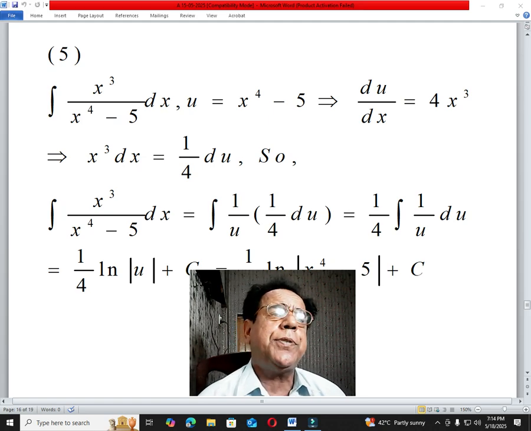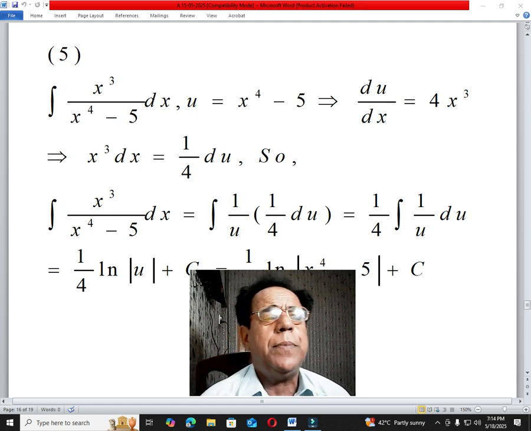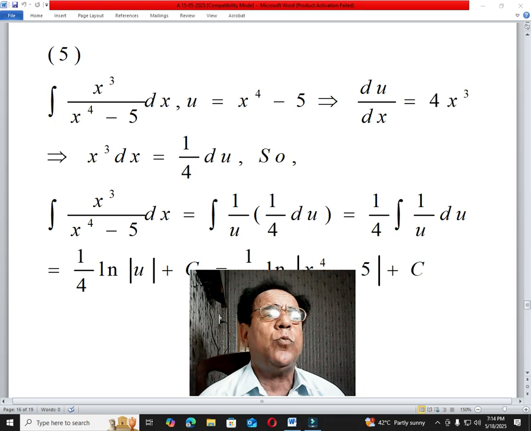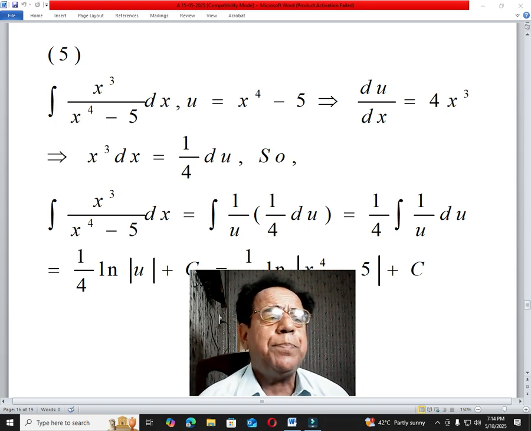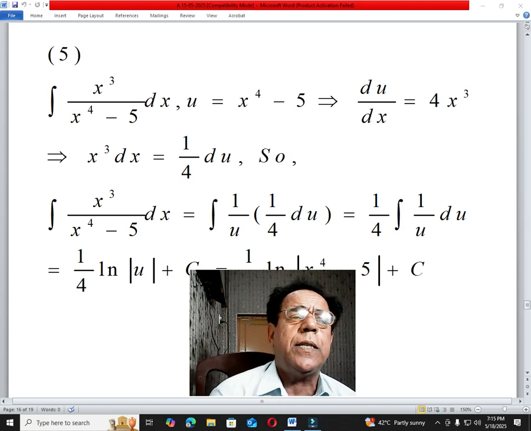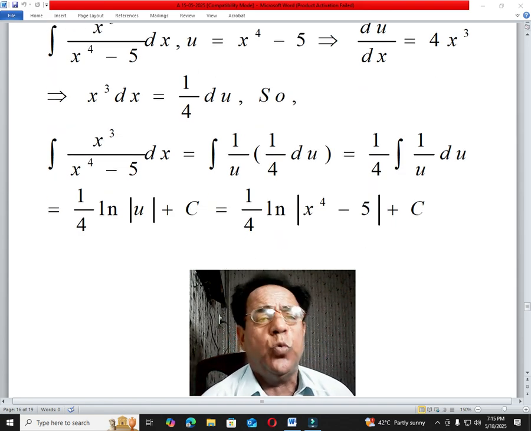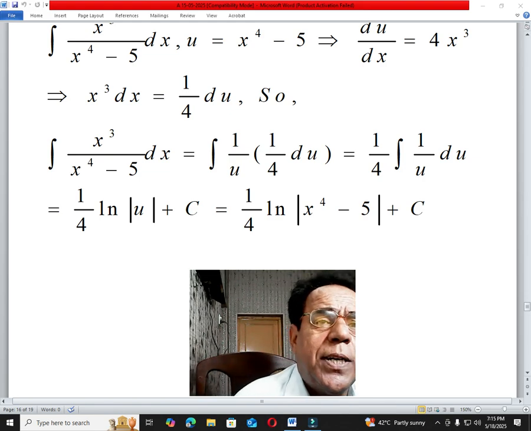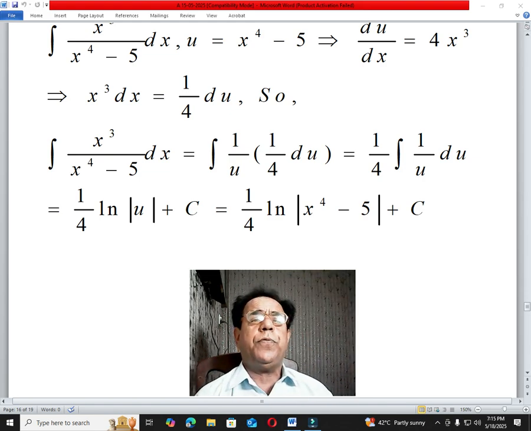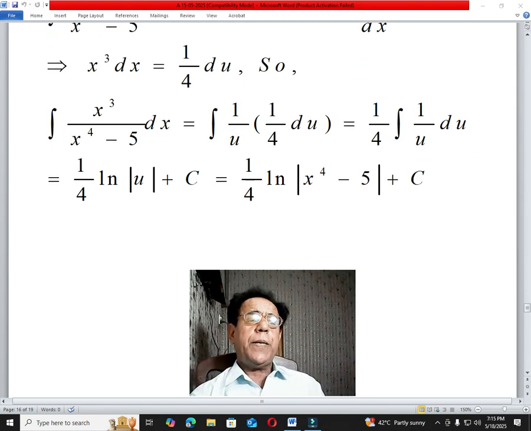So our substituted statement will become integration of x cube over x raised to power 4 minus 5 dx, which becomes equal to integration of 1 by u into 1 by 4 du. Here 1 by 4 is a constant, so it will be written prior to the sign of integration. So our reshaped statement will take the form 1 by 4 integration of 1 by u du.